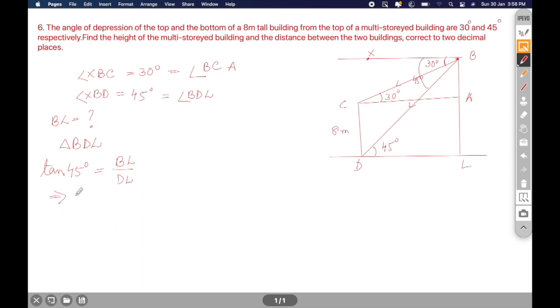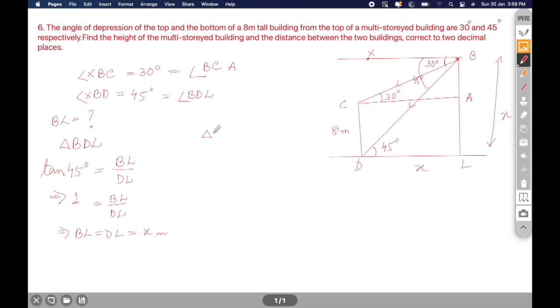Now tan 45 degree means 1. So BL and DL are equal in length. Suppose both are of measure x meter. So I am writing here x and the total length of BL is also x.